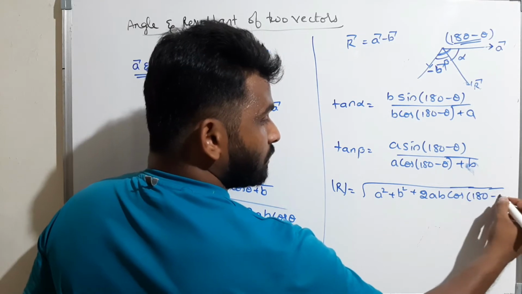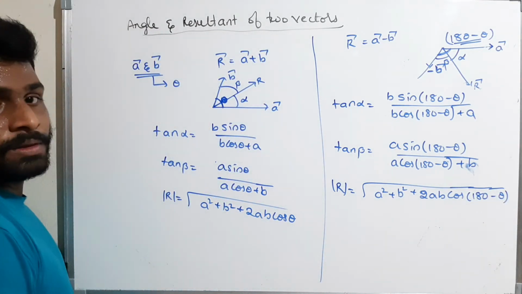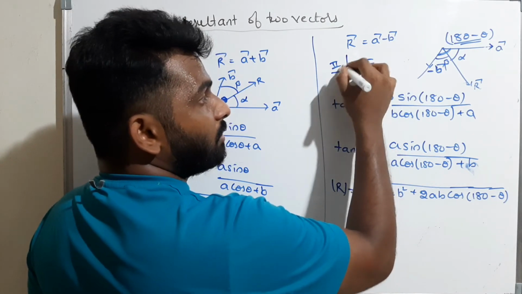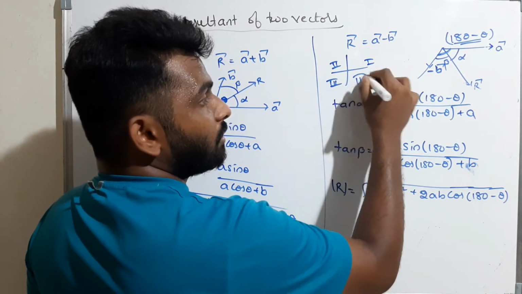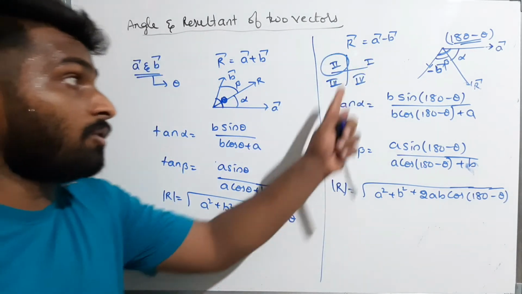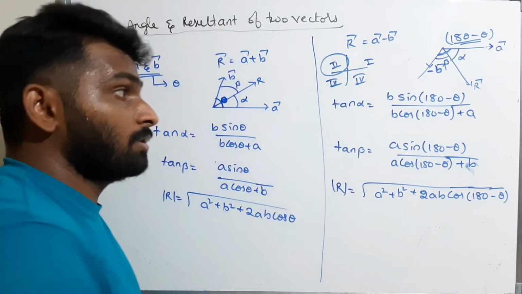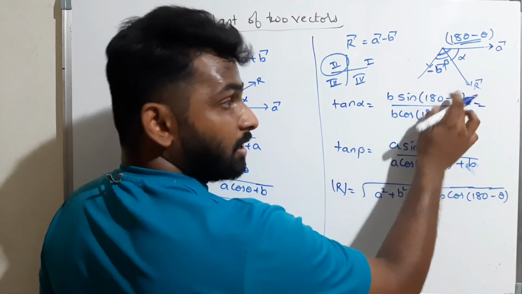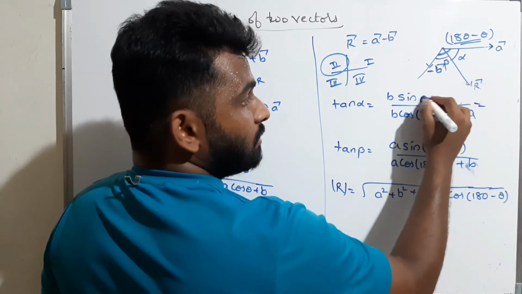Now see here, sin 180 minus theta: first quadrant, second quadrant, third, fourth. 180 minus theta means somewhere it will come in the second quadrant. In the second quadrant, sin value is positive. Therefore, in place of b sin (180 minus theta), I can write simply b sin theta.